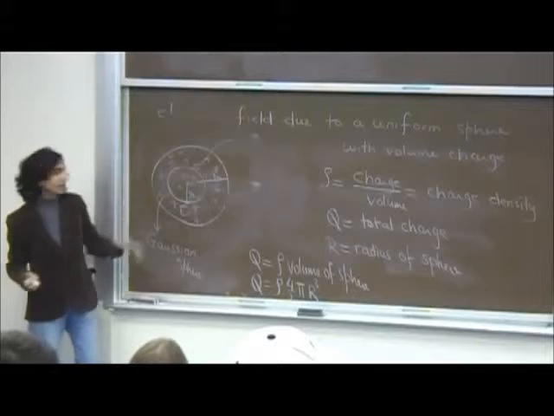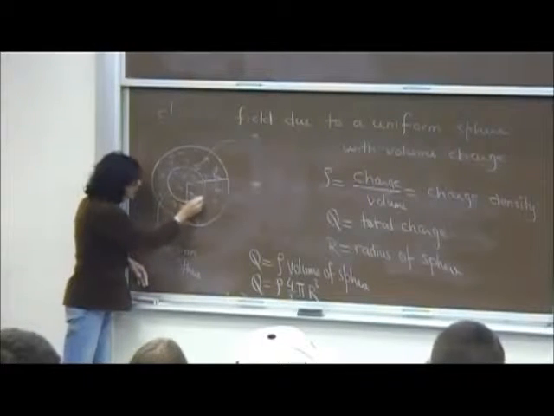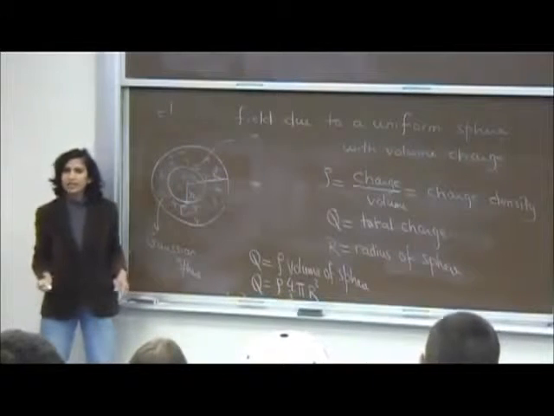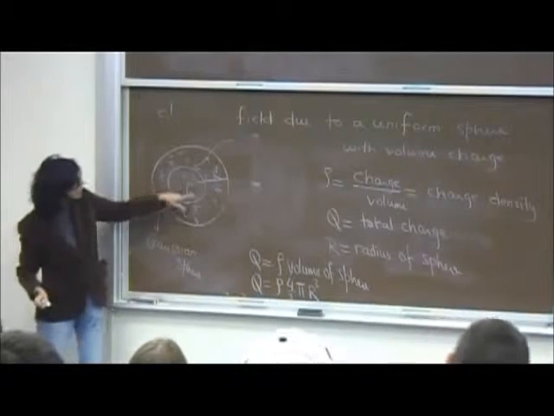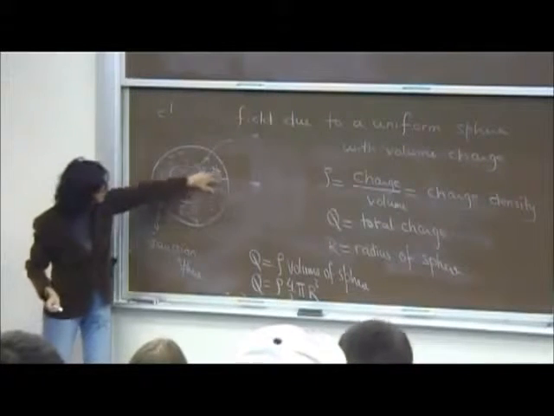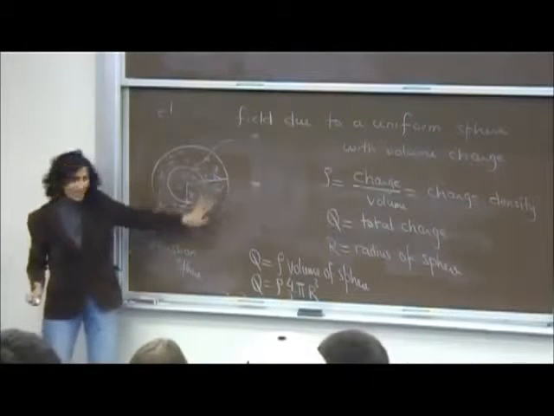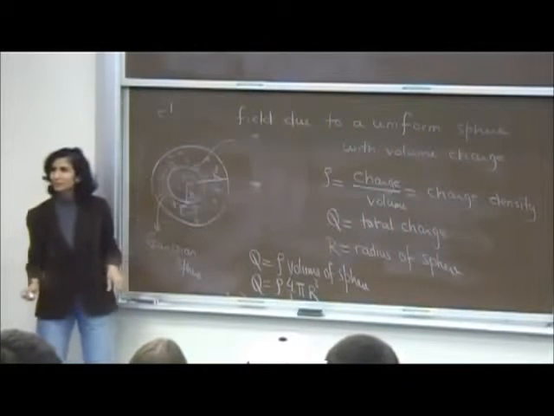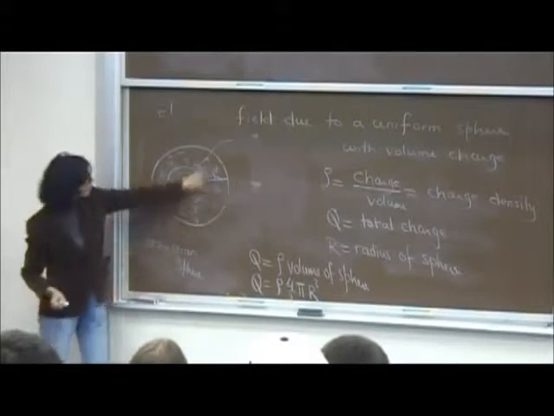Will you be able to say that every point here has the same symmetry as every other point? In other words, I cannot say this point is more special than this point or this point. If they all have the same symmetry with respect to how the charges are distributed here, won't the electric field magnitude be the same at every point here due to all of these charges?